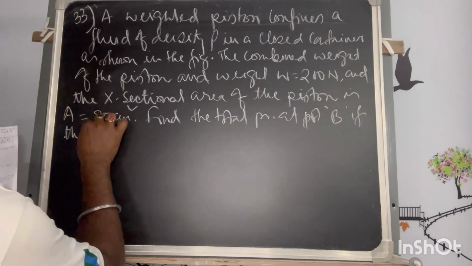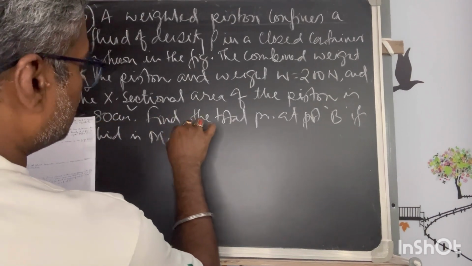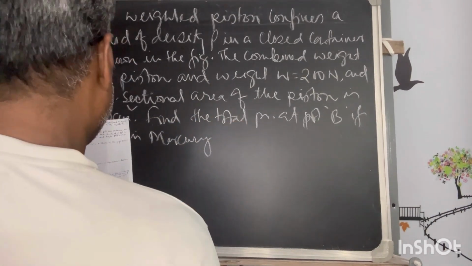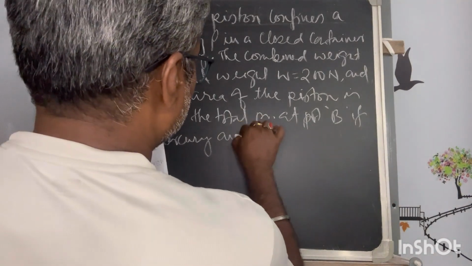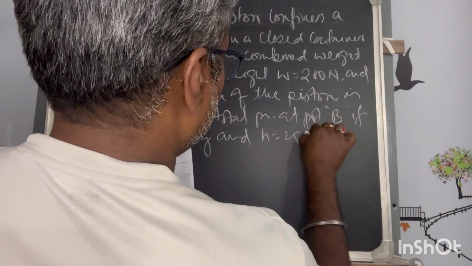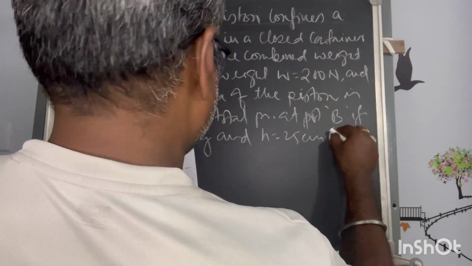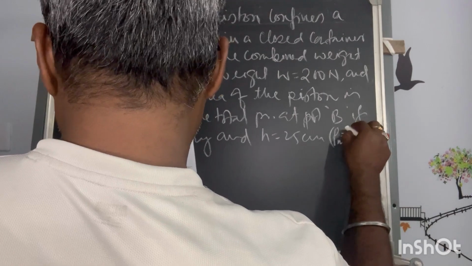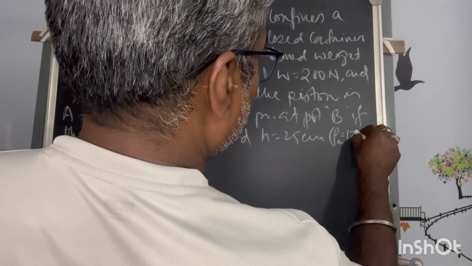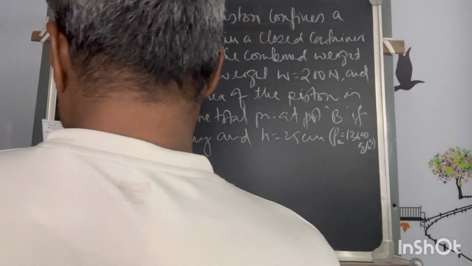The fluid is mercury and H is 25 centimeter, rho of mercury is 1360 kg per meter cube.